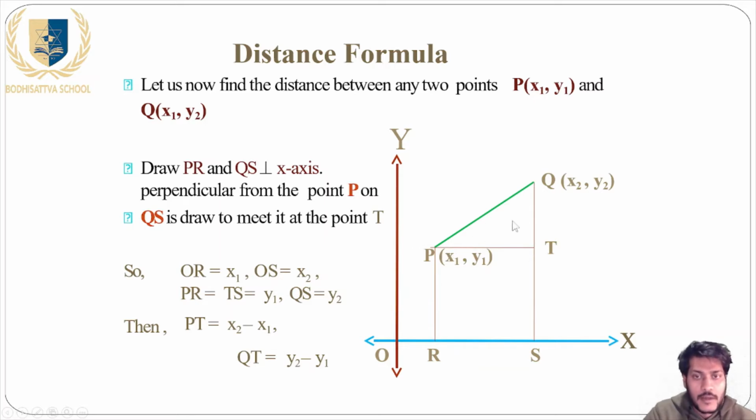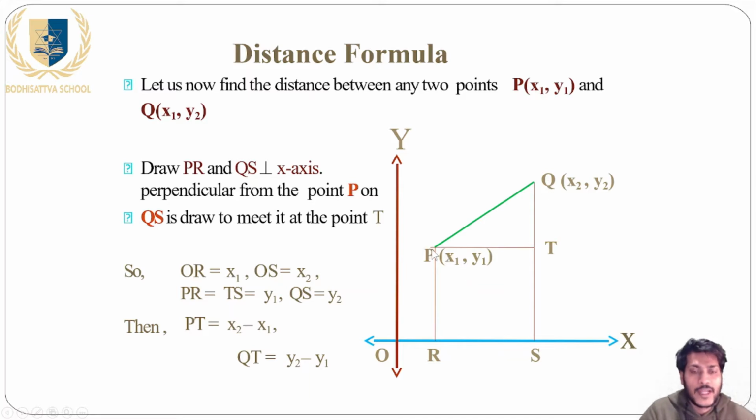This is a right angle triangle, and PQ is the hypotenuse here. So using the Pythagoras theorem, we can find the distance formula and the length between P and Q.